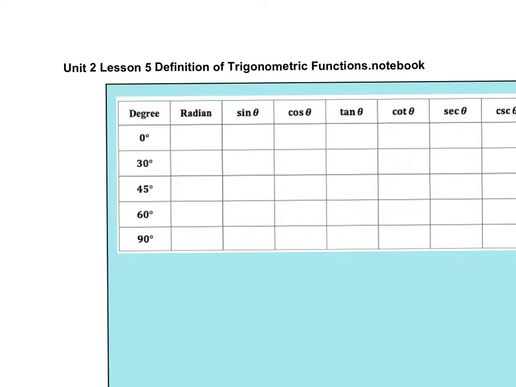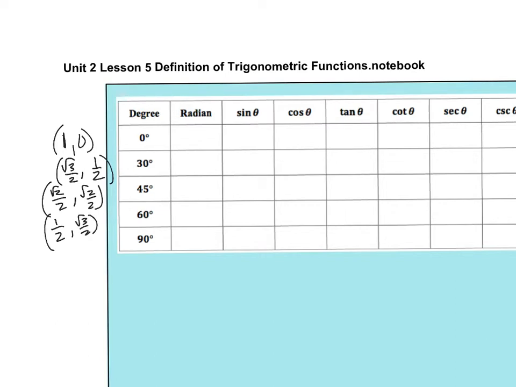On the left side, let's look at degree 0, that is at 1, 0. 30 degrees is square root of 3 over 2, and then 1/2. 45 is going to be square root of 2 over 2, square root of 2 over 2. 60 degrees is going to be 1/2, square root of 3 over 2, just the reciprocal of 30. And then 90 degrees is just going to be 0 and 1. Remember, it all goes cosine, sine. That's your big punchline here.